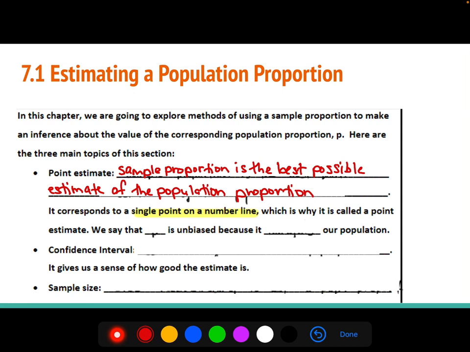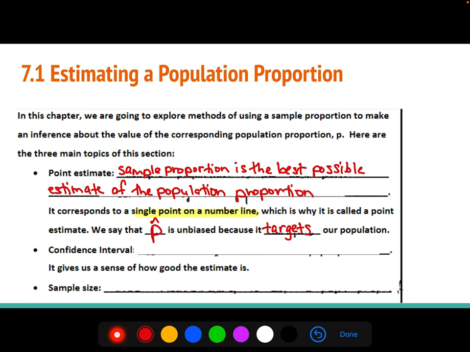It corresponds to a single point on a number line, and that's why we call it a point estimate. We say that p hat is unbiased because it targets our population. So just some little things about the sample proportion here.